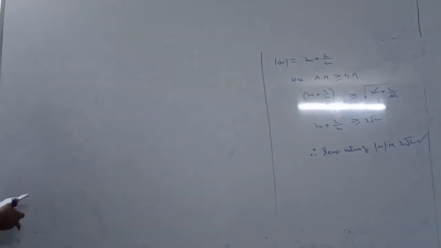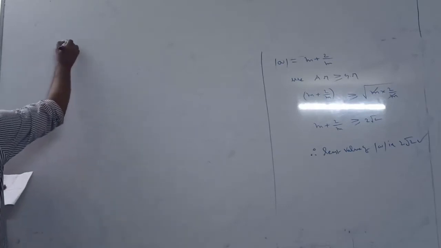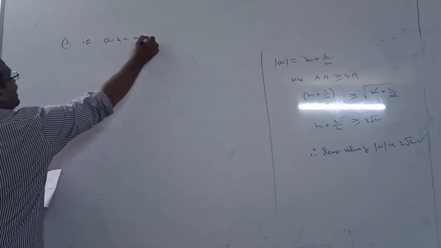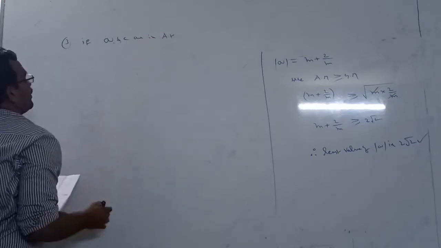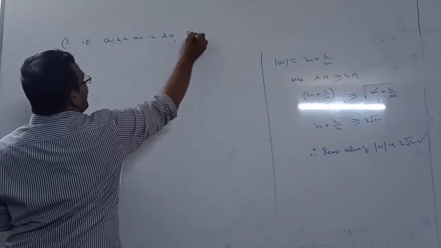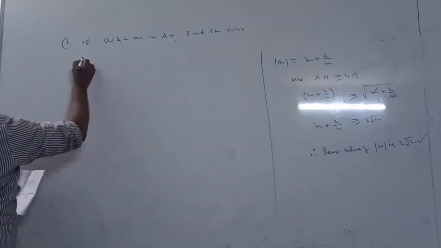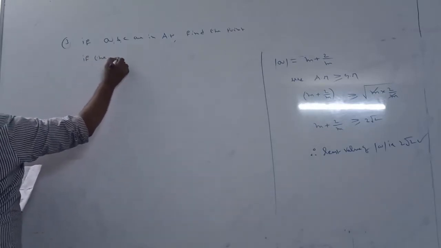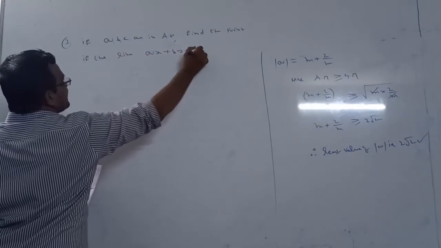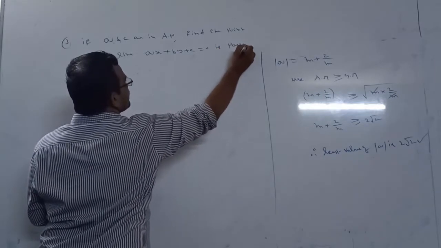Next, if small a, b, c are in AP, find the point through which the line ax plus by plus c equal to 0 passes.